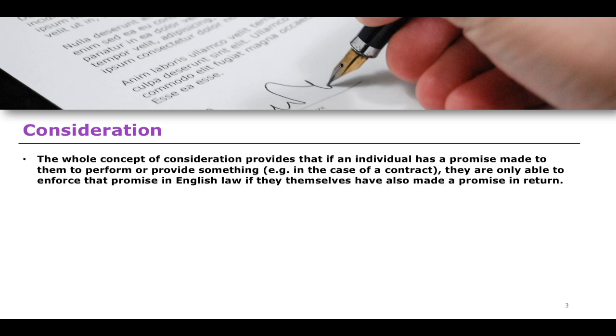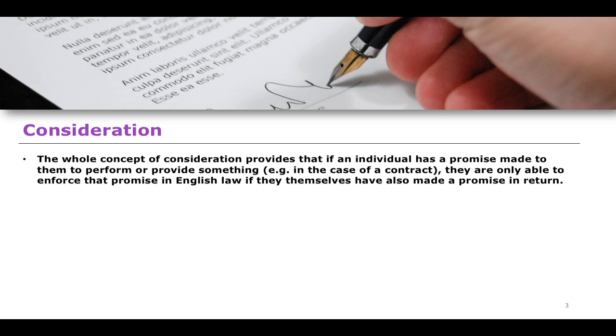So, fundamentally, the whole concept of consideration provides that if an individual has a promise made to them to provide or to perform some kind of action, they are only able to enforce that promise in English law if they themselves have also made a promise in return.